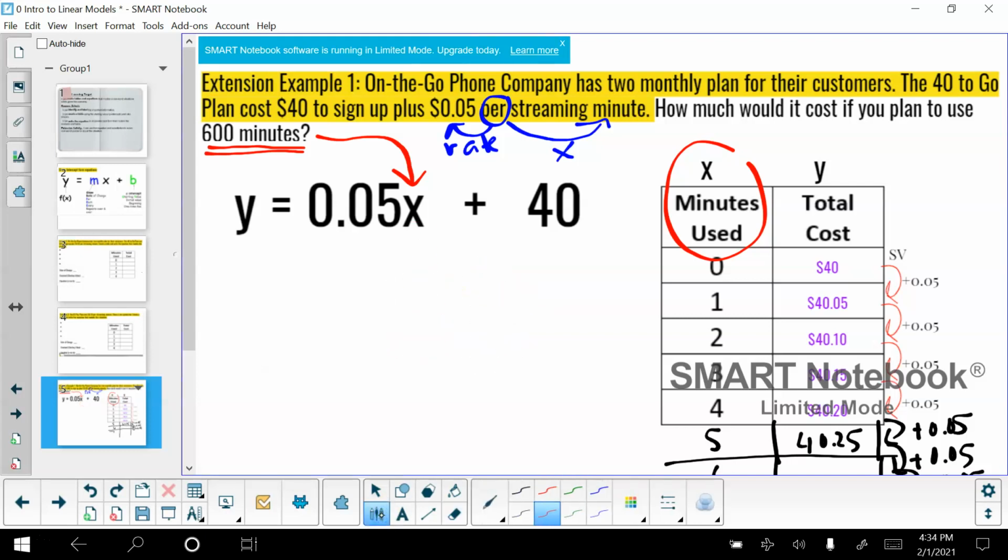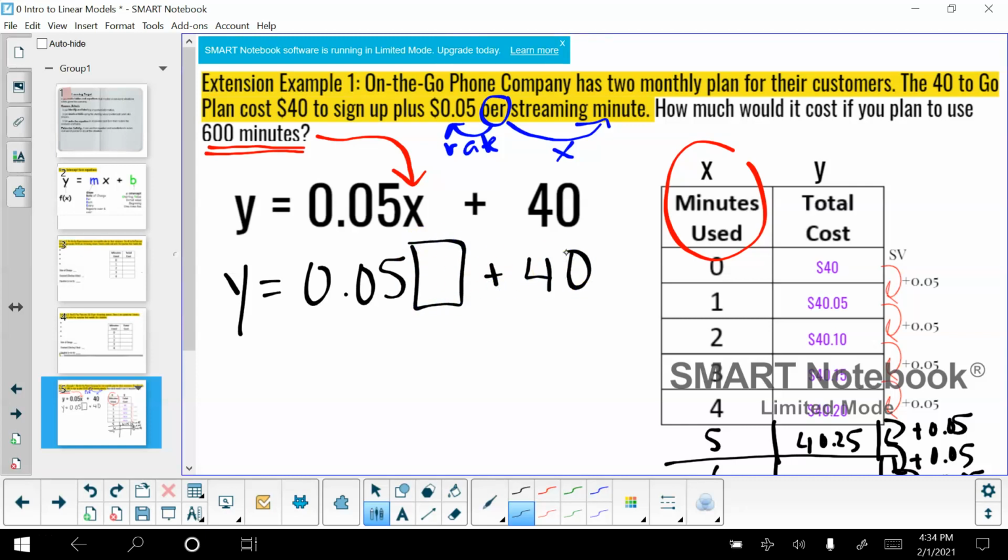So what I then do is I rewrite the problem, but I literally take out the X. And some people like to put a box in there in its place, which is fine. You could put a box in there to show that in this box, that's where my X was. But I need to put the 600 there.